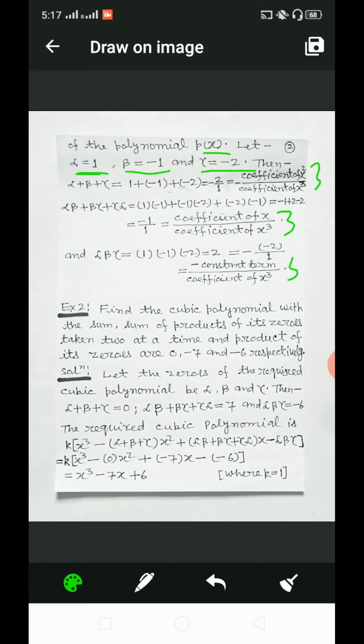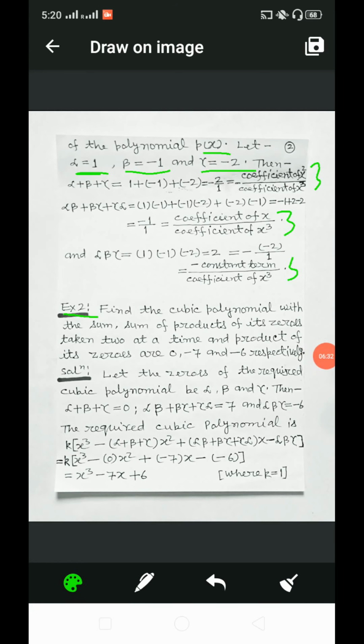Taking example 2, find the cubic polynomial with the sum of its zeros, sum of products of its zeros taken 2 at a time, and product of its zeros are 0, minus 7 and minus 6 respectively.